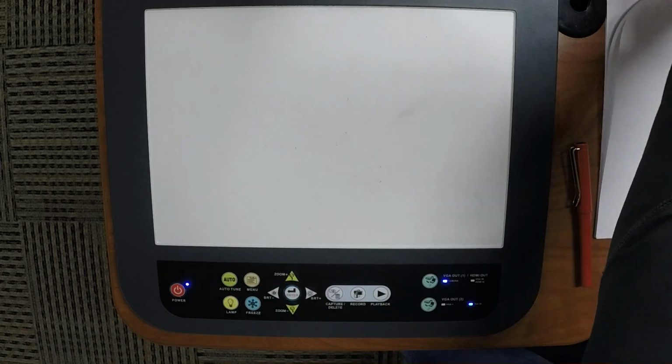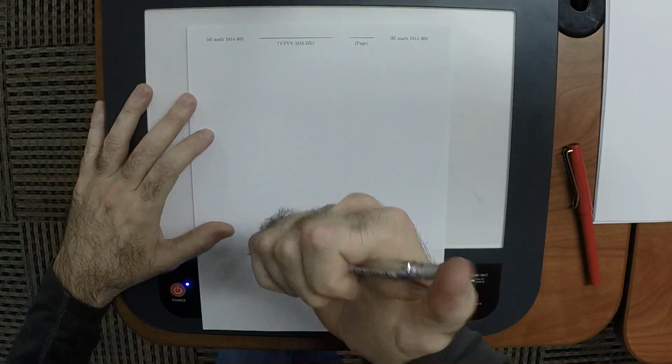Okay. So, to that end, we can now summarize the formula for area.